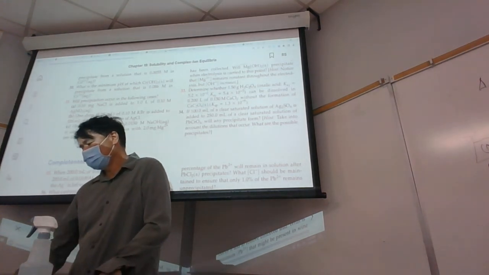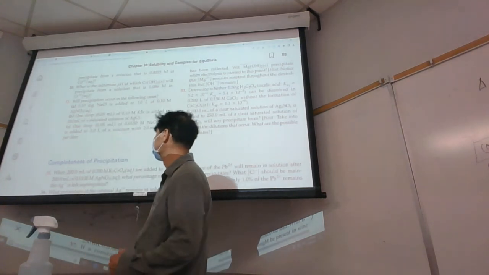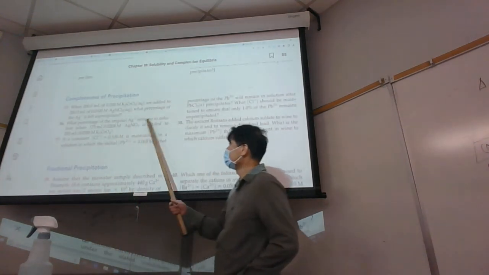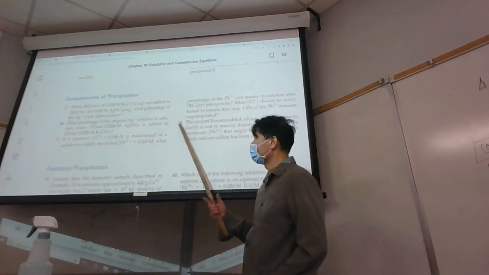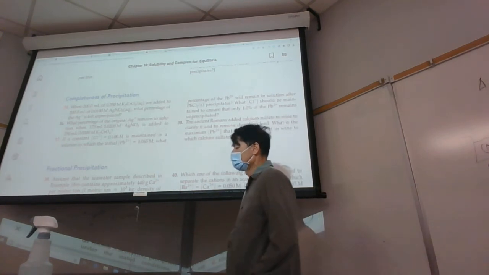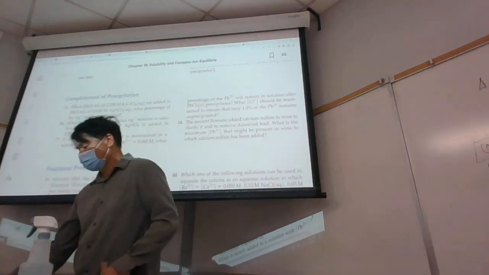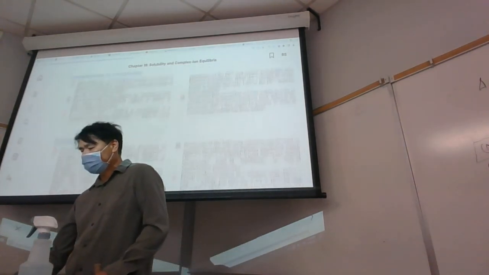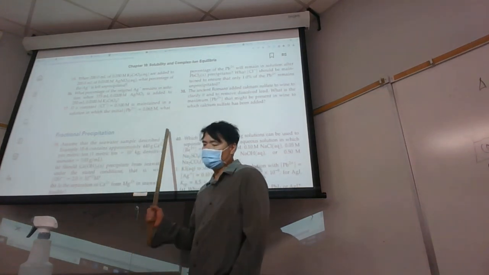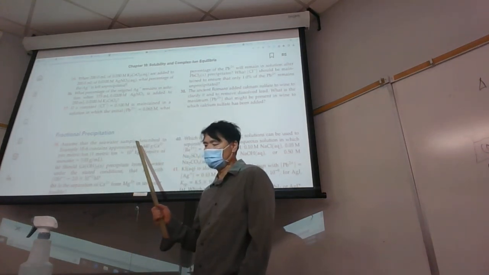Completeness of precipitation, typically we do solution dilution and then do an ice table and figure out what percent remains in the solution after the ice table. Now, fractional precipitation, we don't calculate the solubilities, we don't calculate the Q, even though you think we should calculate the Q, and you think we should calculate the solubility.